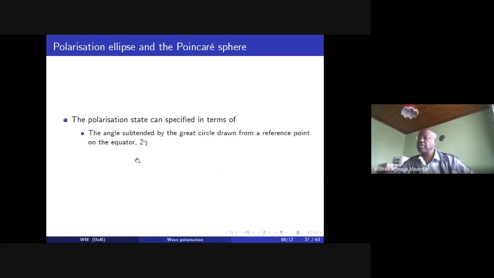A great circle is a circle on a sphere centered at the origin of that sphere. Latitudes on the Earth's globe are not great circles, but meridians or longitudes are all great circles.